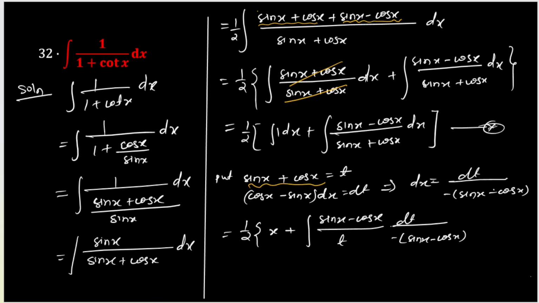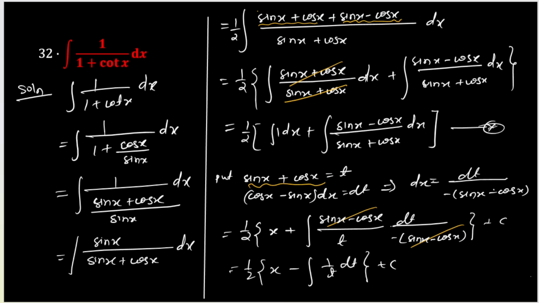So this cancels, and the integral becomes 1 by 2 x plus minus integration of 1 by t dt.